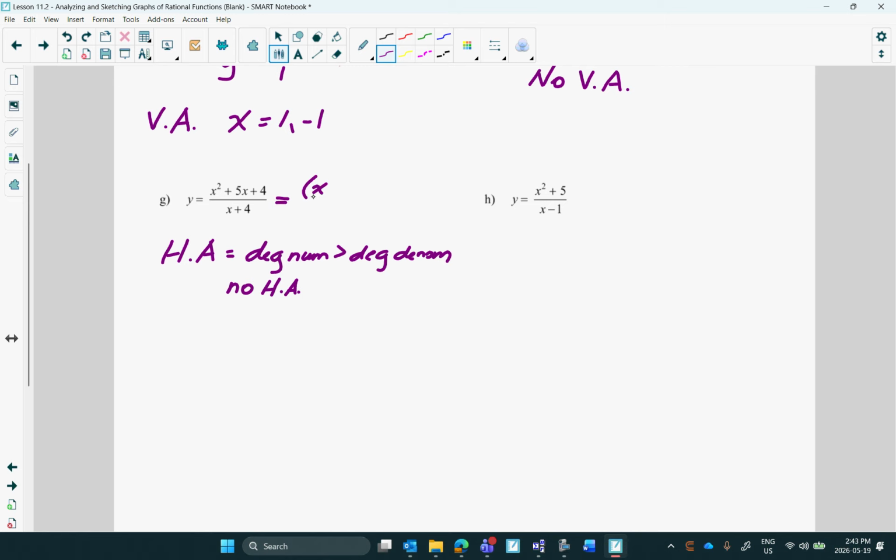I can factor the top. I know it's going to be -4, but is it a hole or a vertical asymptote? A hole because it cancels. So there is a hole at x equals -4.